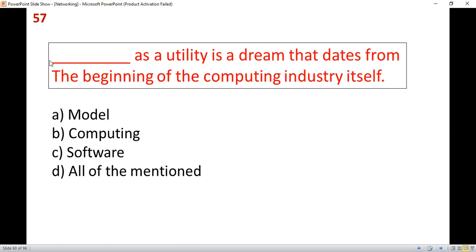The next question is, you can see here, computing as a utility is a dream that dates from the beginning of the computing industry itself. What will be the answer for this question?